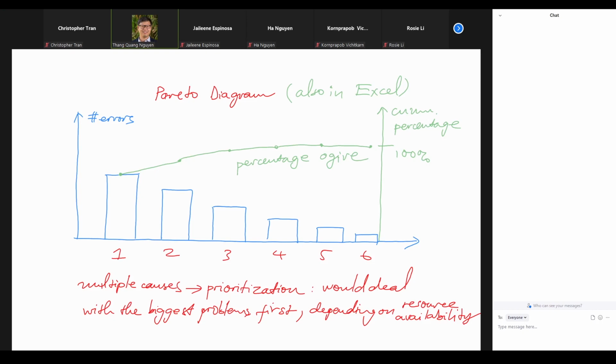But then if you have extra manpower, which means workers, and then time and money, then you would go further to cause number 4, and then cause number 5, right? Things like that. So it depends on our resources. And again, the resources here are money, time, and manpower.